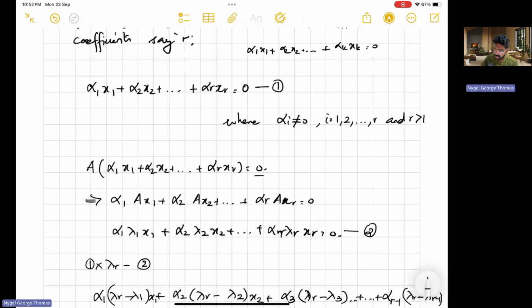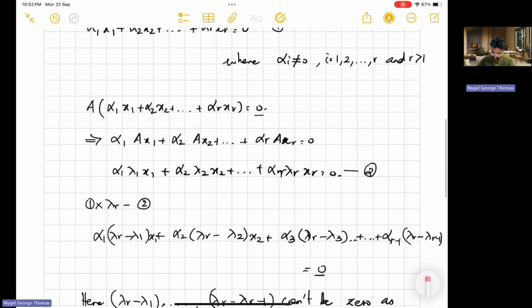If they are linearly dependent, some of the coefficients are non-zero, as we know for linearly dependent vectors. Let r be the number of non-zero coefficients. So alpha 1 x1 plus alpha 2 x2 plus etc. plus alpha r xr is equal to 0, where the alphas are not equal to 0, and r is greater than 1.